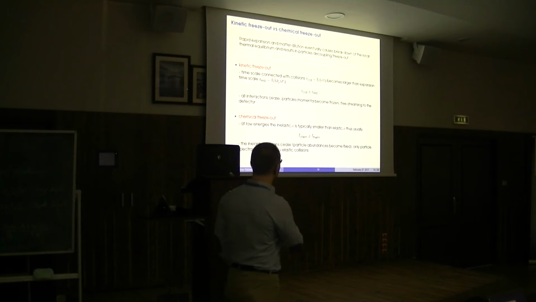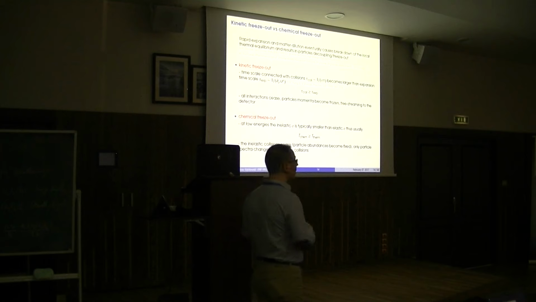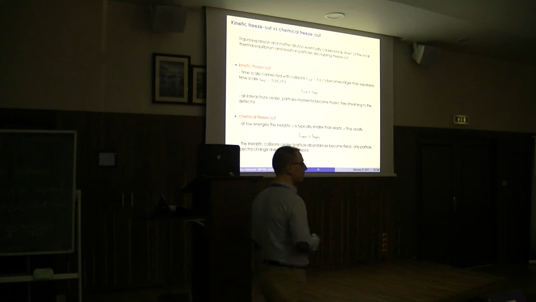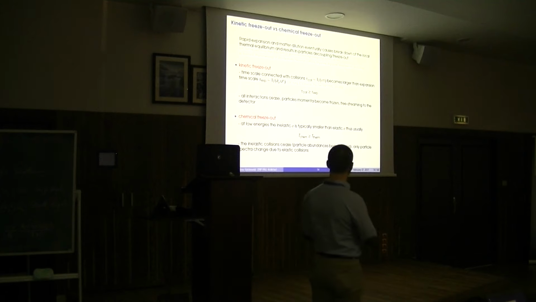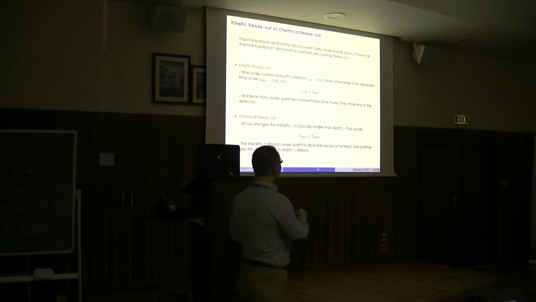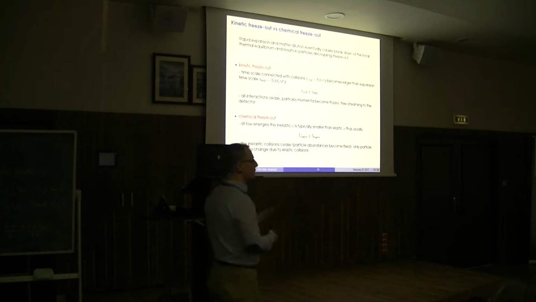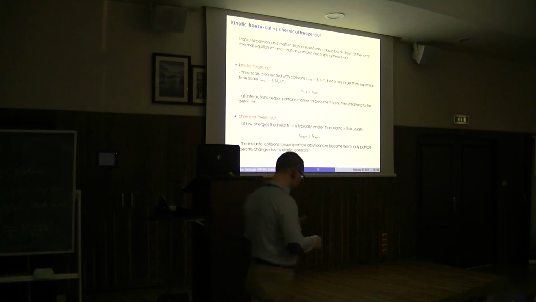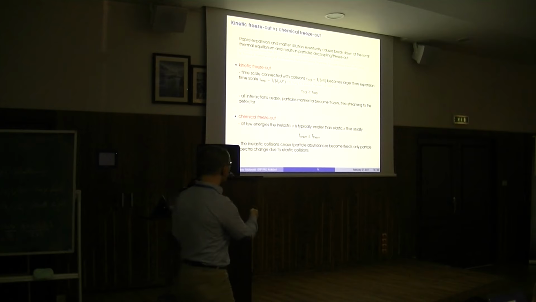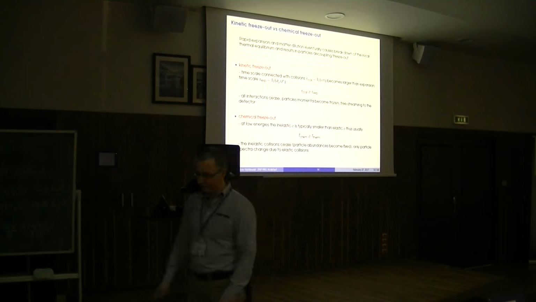There are two concepts which are typically brought up. The first concept is the kinetic freeze-out. The freeze-out tells us that when the time between collisions becomes comparable to the expansion timescale, and the time between collisions can be modeled as proportional to the inverse of the density of particles and the cross-section of the particles.